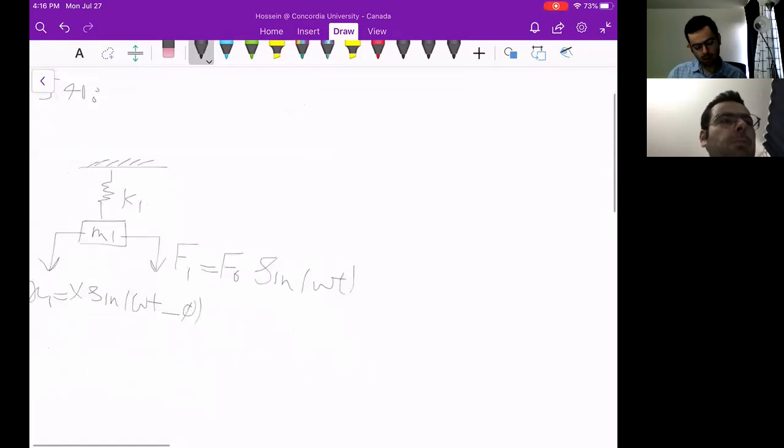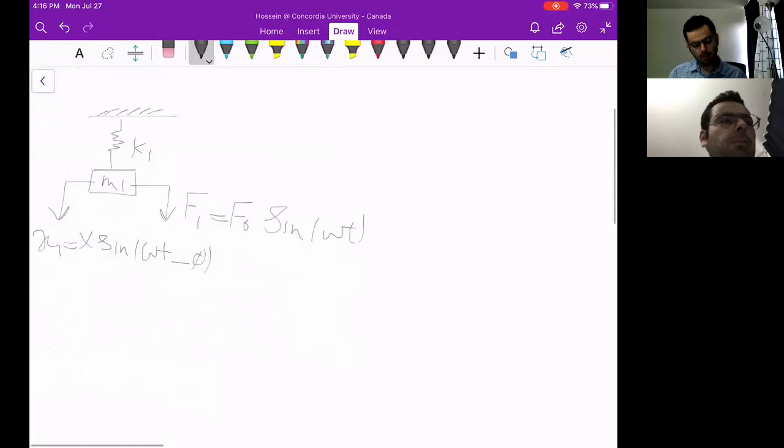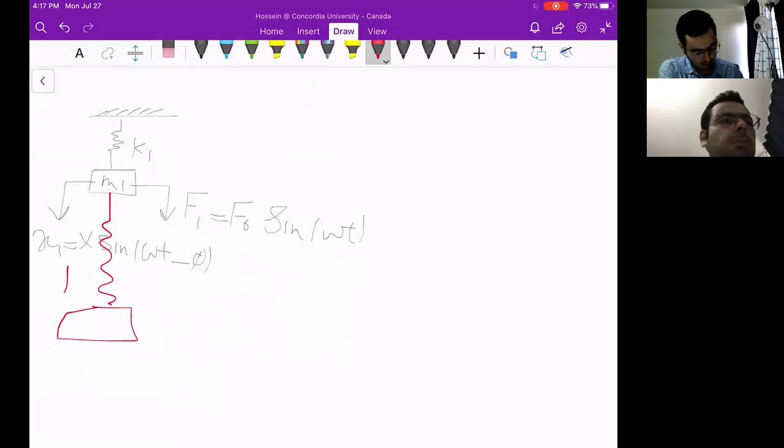So in order to reduce the vibration of this system M1, we could add a spring mass K2, M2 in a specific way in order to reduce the amplitude of x1 and transfer all the vibration energy and all the vibration amplitude into the mass M2.